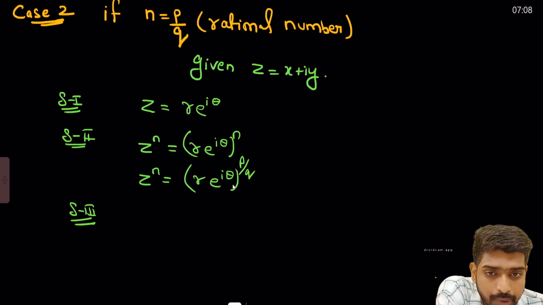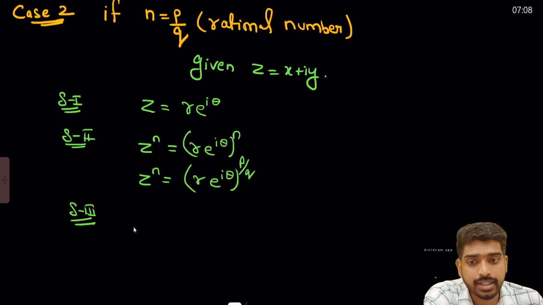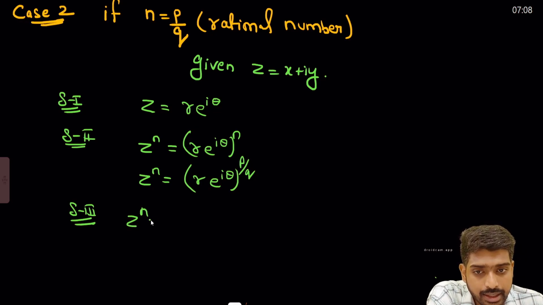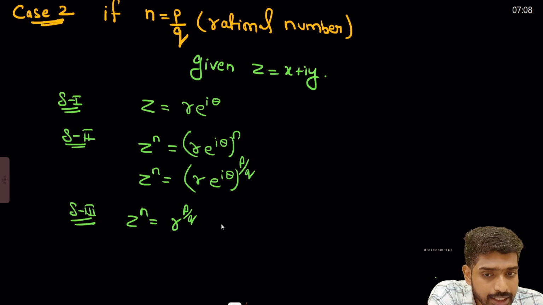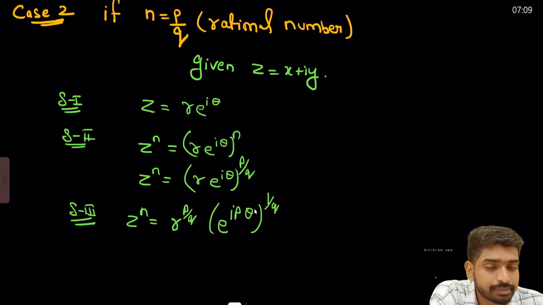But this q directly I will not send inside. Means I will write here z power n is r power p by q, and e to the power iota p theta, and 1 by q I will not send inside.